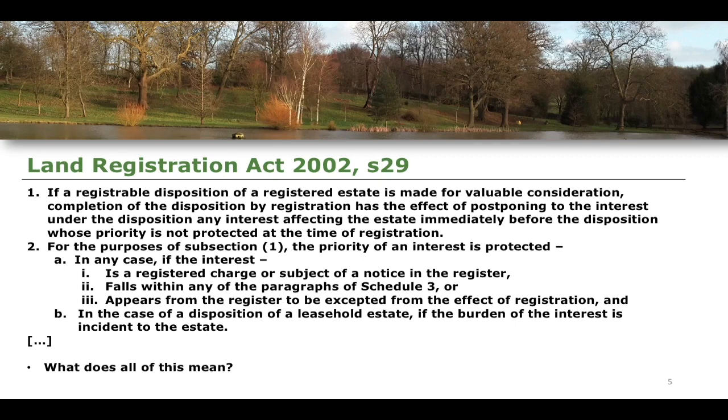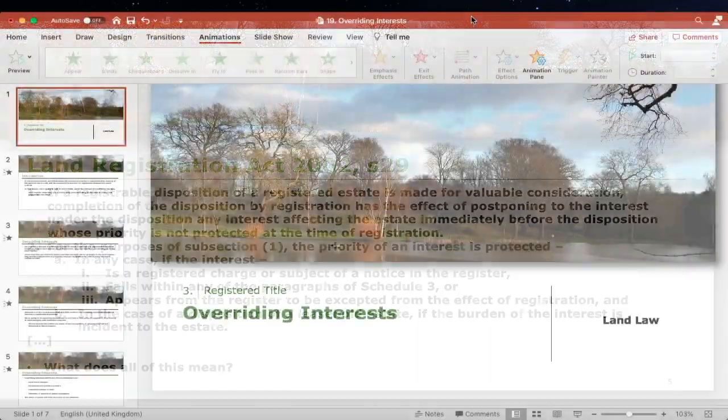It's very convoluted and very confusing, but if you break it down in this kind of way, maybe reread section 29 a couple of times to get a better understanding of how it works, that's how the Land Registration Act simply gives priority to the registrable disposition unless there has been a protection of priority. And a protection of priority is done through a notice, a restriction, or mainly a notice, or through Schedule 3, which we will get to in the next lesson.